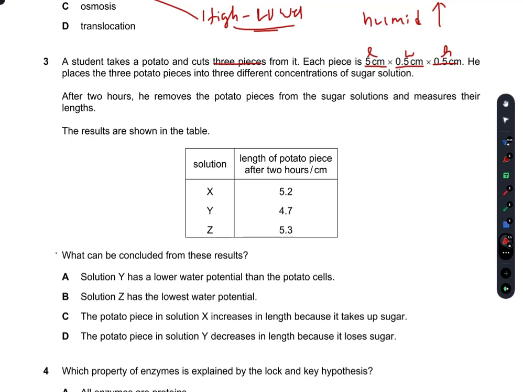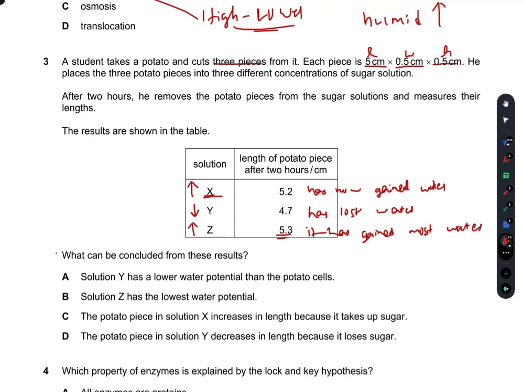What can we derive from these results? As we can see here, the potato piece placed in solution X has increased in size. So this increase in size means that this potato cell has now gained water, whereas Y has decreased in its length, means it has lost water, and Z has gained the most length, means it has gained the most water.